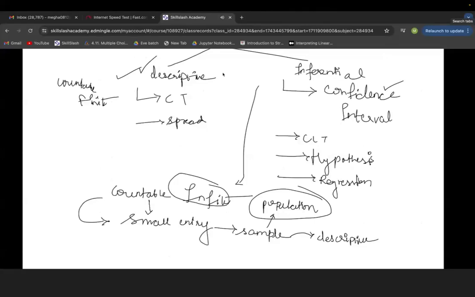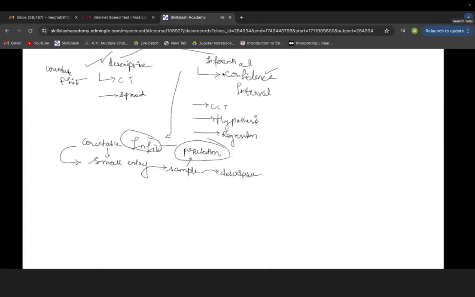The statistical overview of the sample is similar to that of the population. How is this going to happen? With the help of confidence interval, central limit theorem, hypothesis testing, and regression.